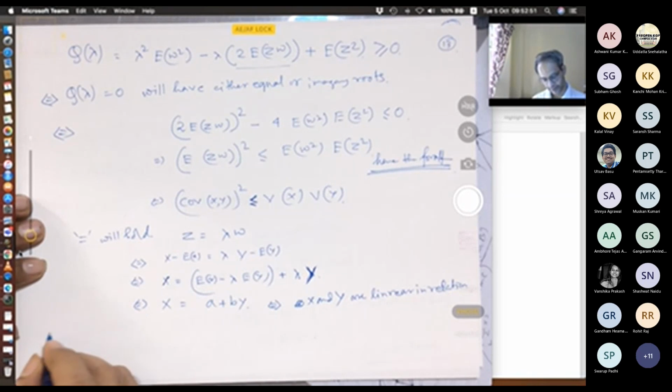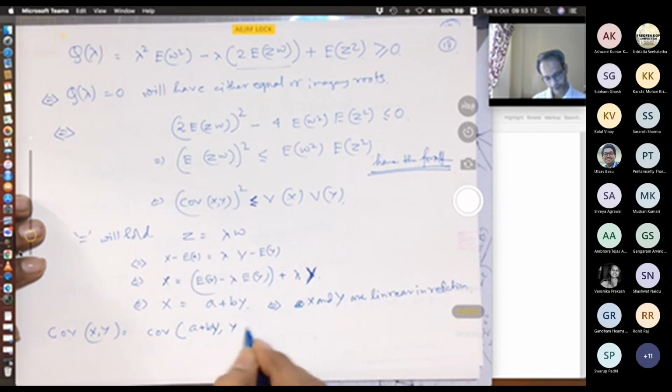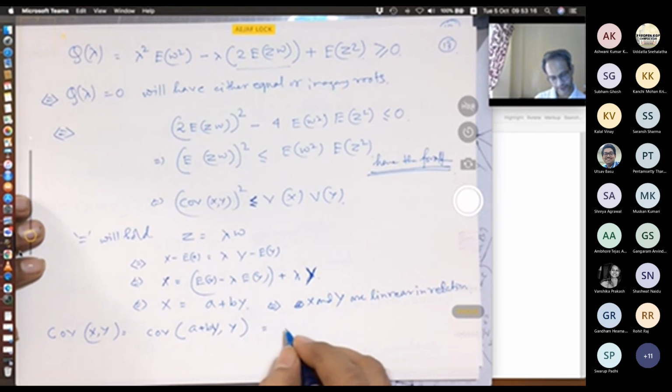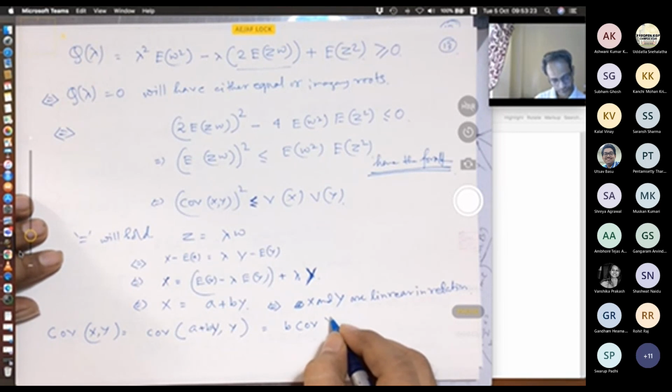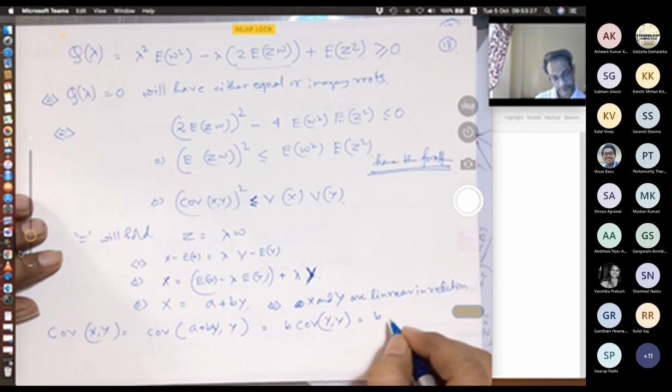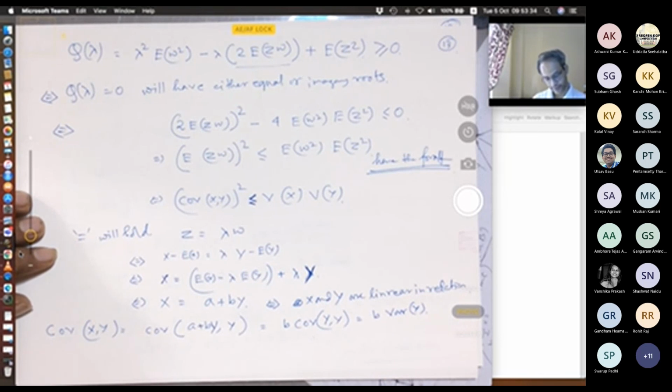Very easily you can check that covariance between X and Y equals covariance between a plus bY and Y, which is nothing but b times covariance of Y and Y, which is b times variance of Y. And what is the correlation between X and Y?